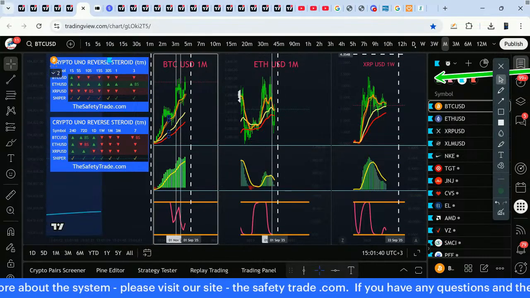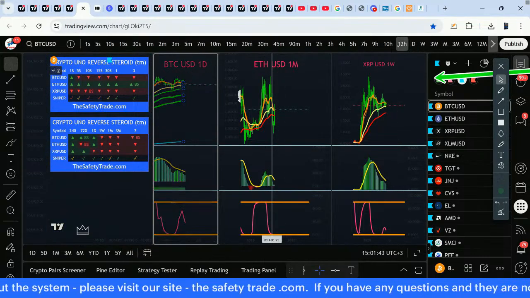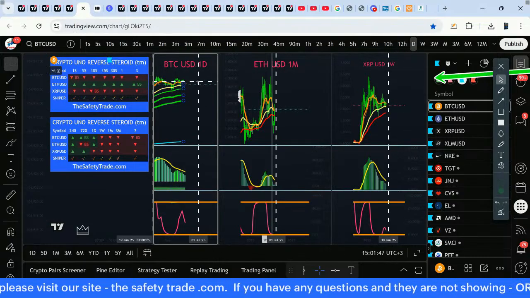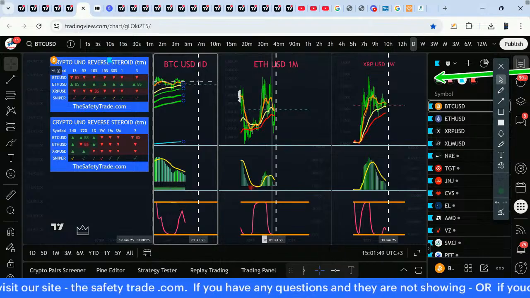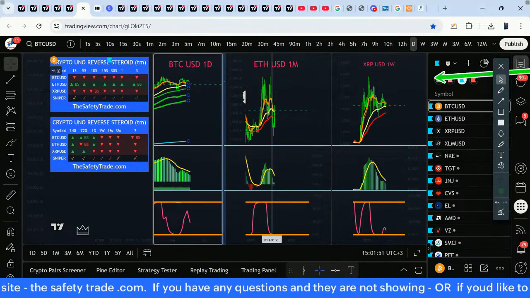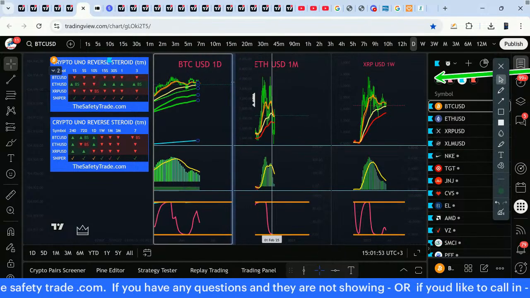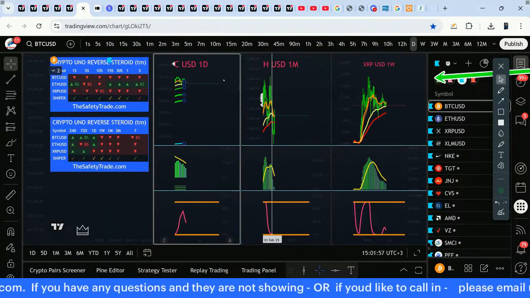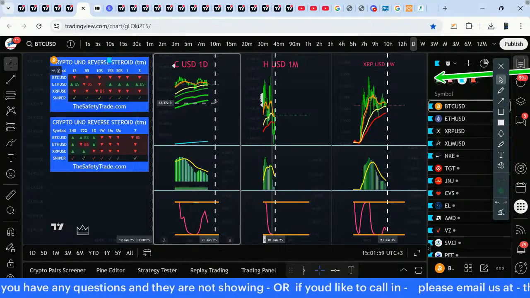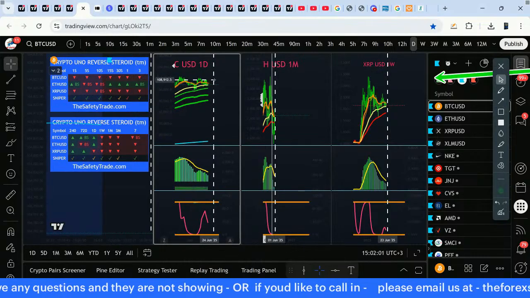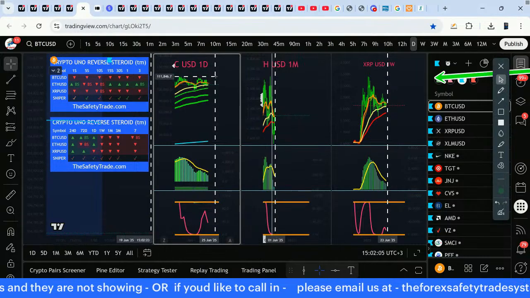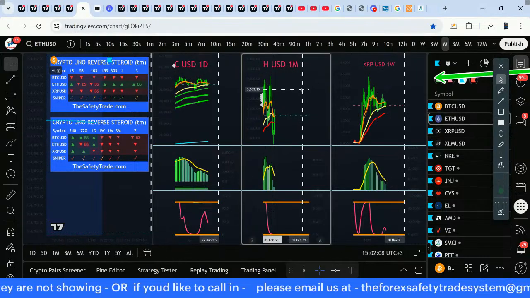On Bitcoin, we have a 12-hour daily buy stop. It'll be going back up over wherever it is. I don't even know what it is. Let's see if I can grab it. Bitcoin will be going up over 105, 106, 108, 110, 112, 115, and 120.